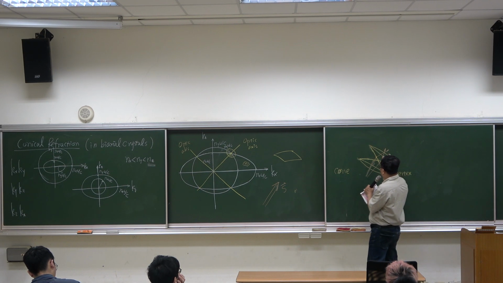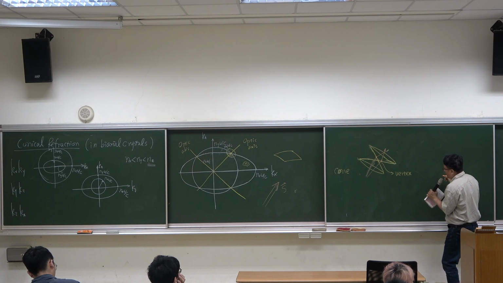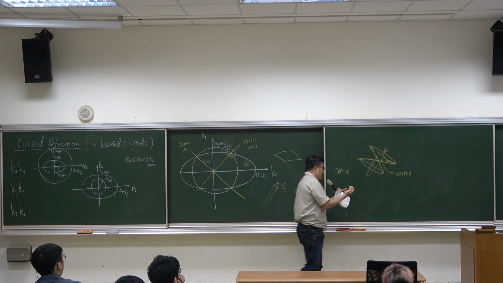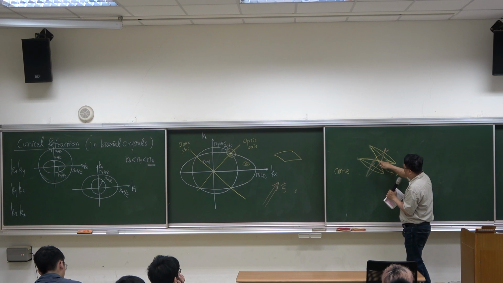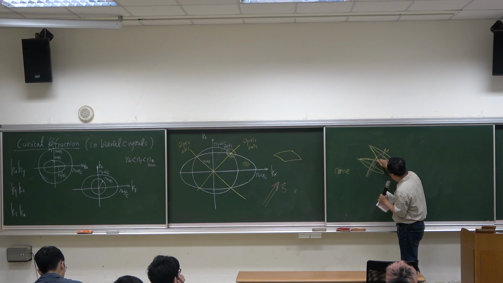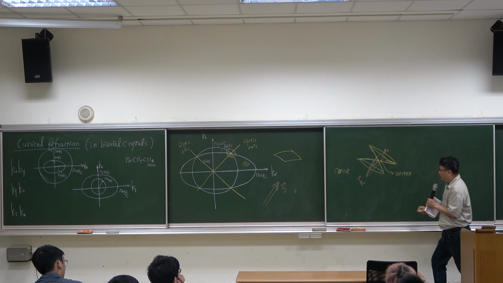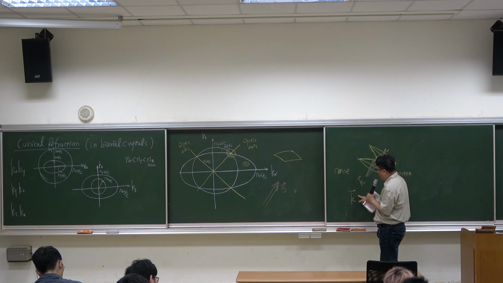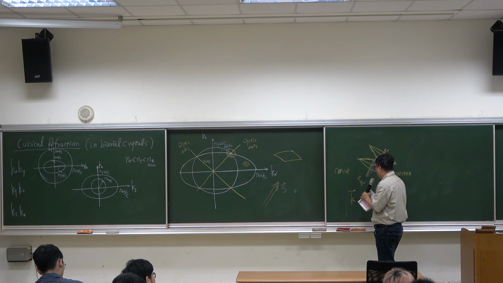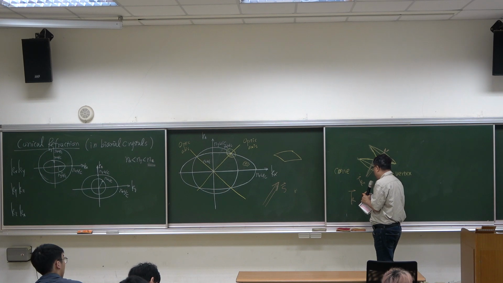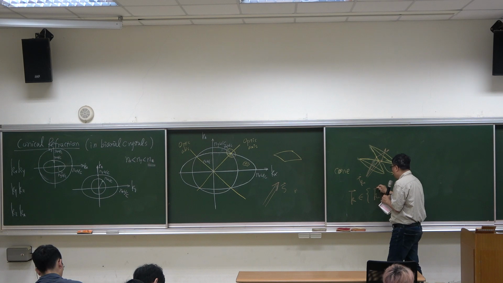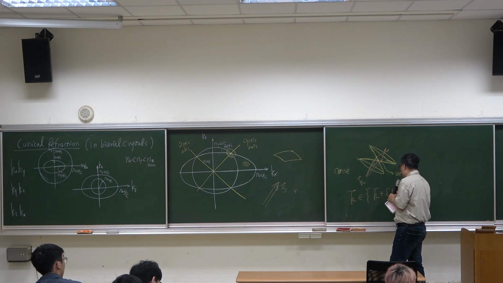Okay. So finally, for a range of k vector very close to the central k vector, say k0, we consider a beam of light having k belong to the set of k0 plus delta k.